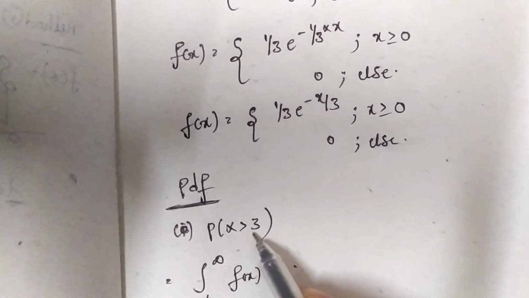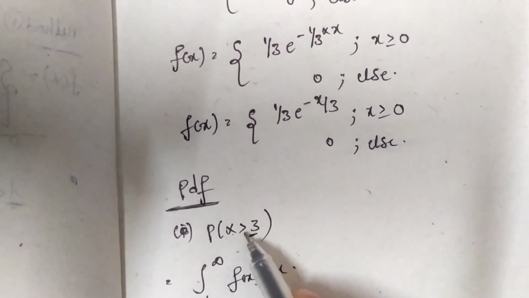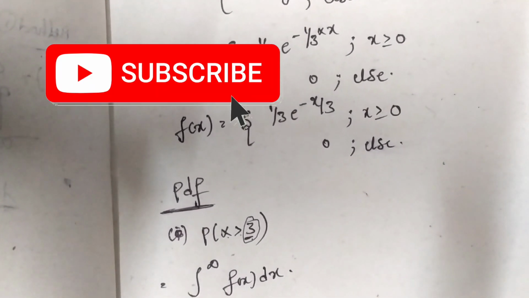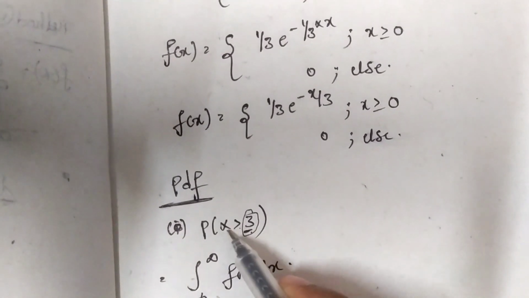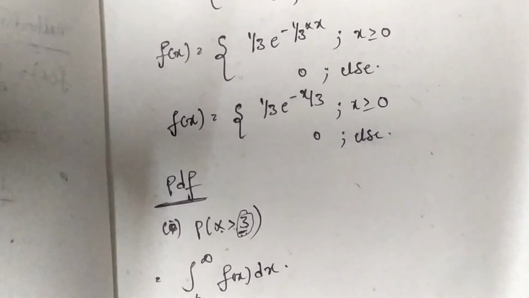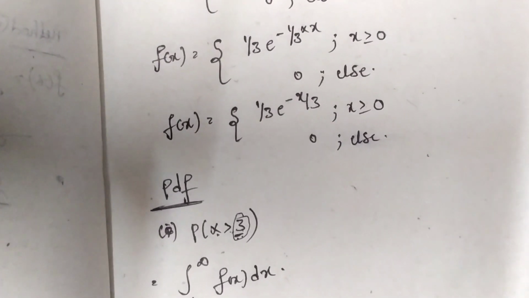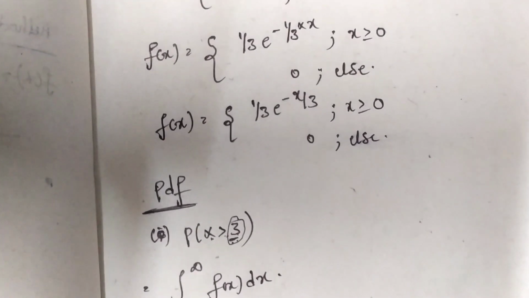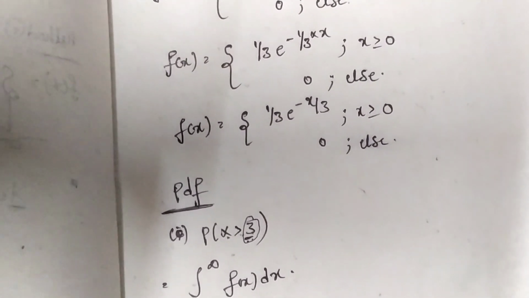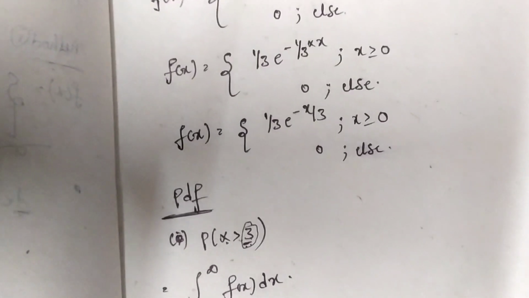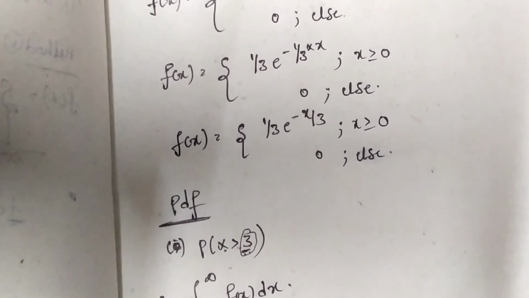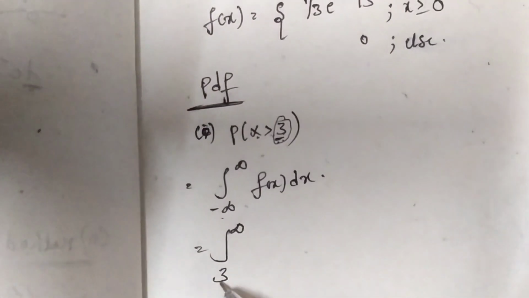Here the given value is 3, and since x is greater than 3, the lowest value is 3. In place of minus infinity we take 3, as 3 is the least value. We don't know the highest value, whether it is 4 or 5, so we take infinity. X greater than 3 means the least value is 3 and x goes up to infinity, so we take the integration from 3 to infinity.